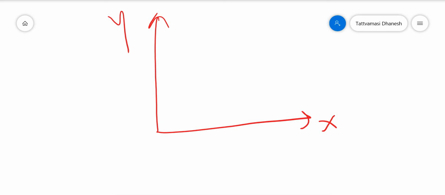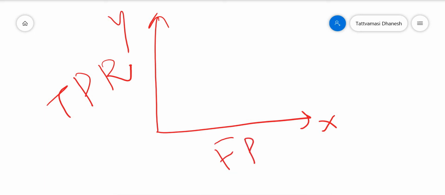So ROC curve is plotted with TPR, true positive rate, on the y-axis, and FPR, false positive rate, on the x-axis. TPR is taken along the y-axis and false positive rate along the x-axis.